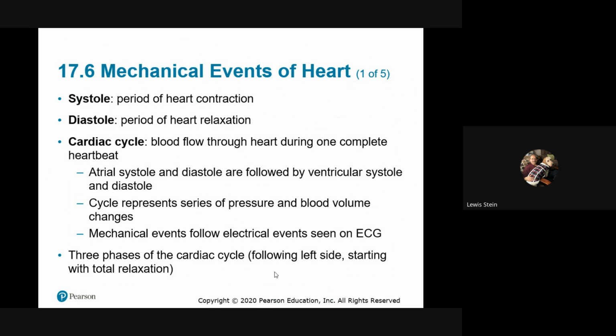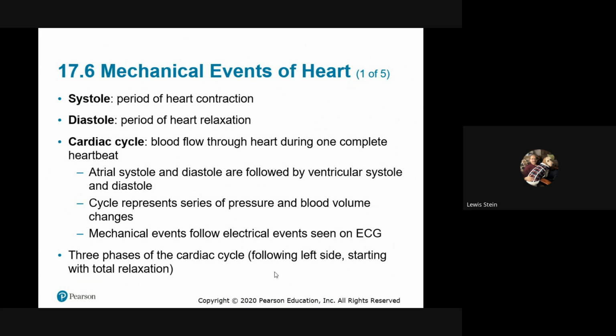It's not all the blood. 70% of the blood is ejected. Beg your pardon, I misspoke. 70 milliliters are ejected. It leaves 50 milliliters in. The ejection fraction, the percentage, is not 70%, but 57%.